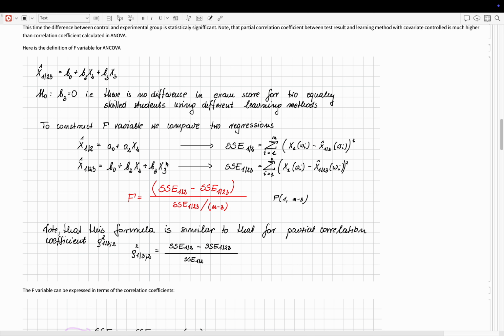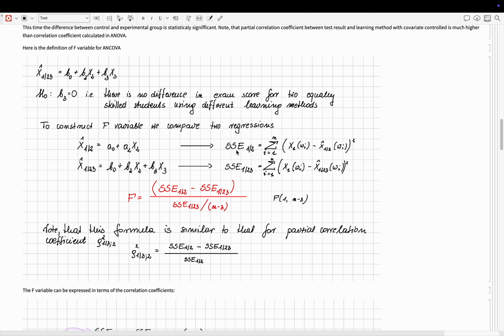And the second is the so-called full model with both the covariate and the experimental variable here. In each case, for both regressions, we calculate the sum of squares of errors, which as usual measures how well the model fits the data.